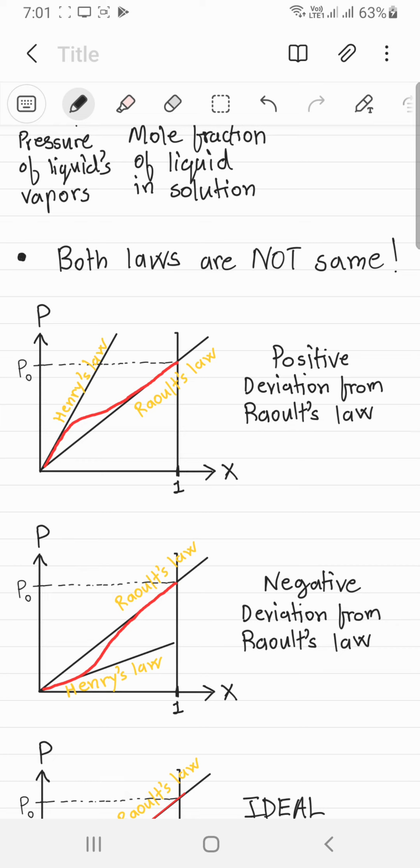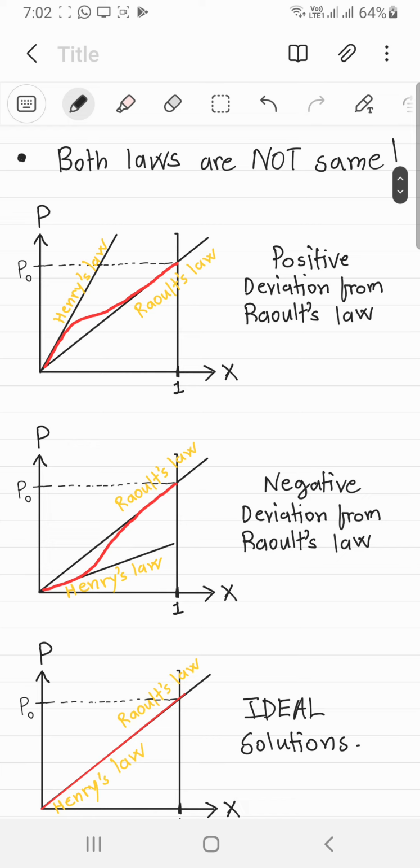So Henry's law, we apply that when we want to measure things for dilute solutions. For just a gas dissolving in liquid, a dilute solution will be made, because it's not that there is a big quantity of solute in the solution already and then that's going away.